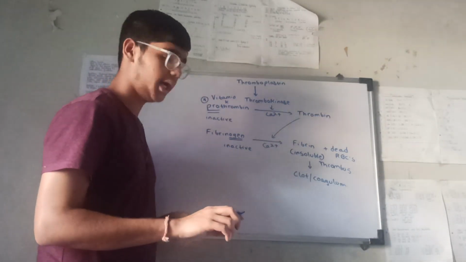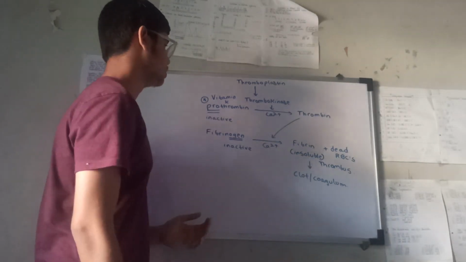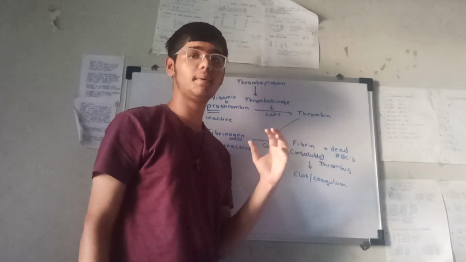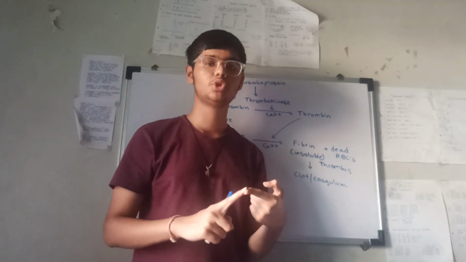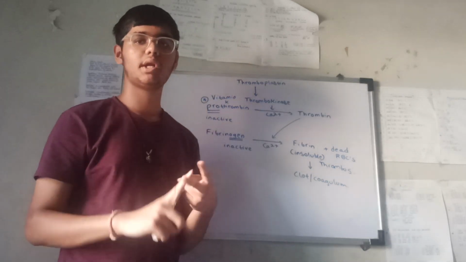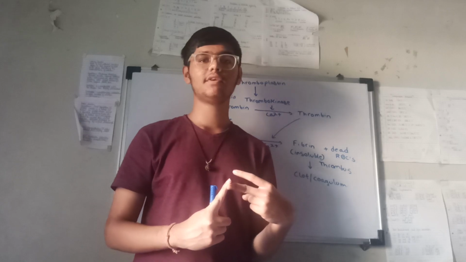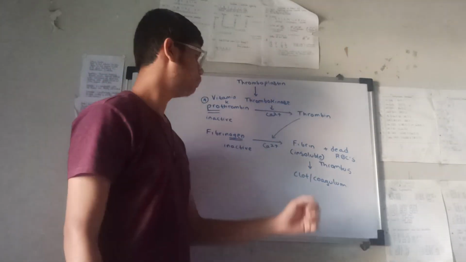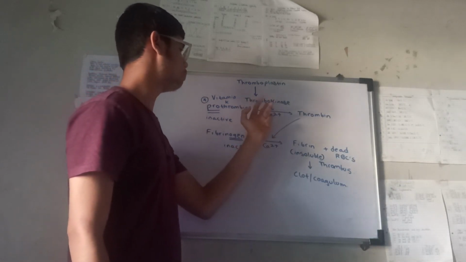I will just revise these processes. First, thromboplastin may be secreted when there is an injury to the tissue, or when there is spasm of the blood vessel. Thromboplastin will eventually release thrombokinase.